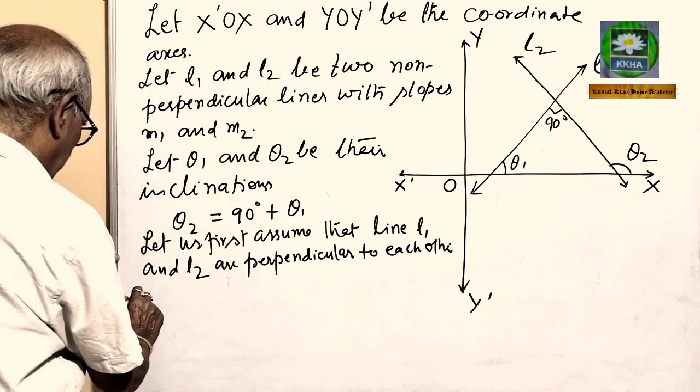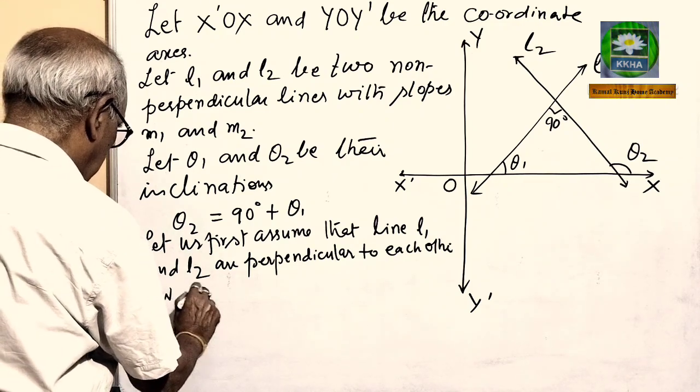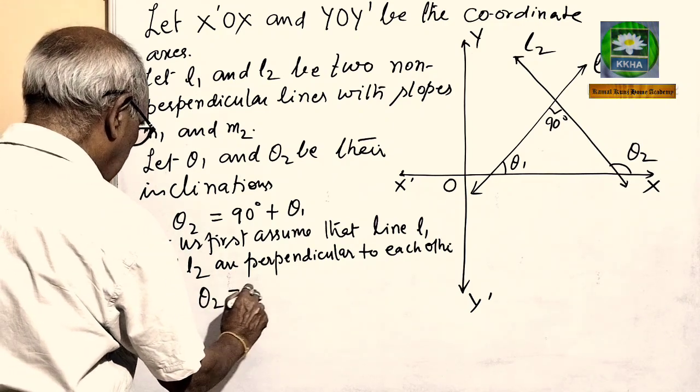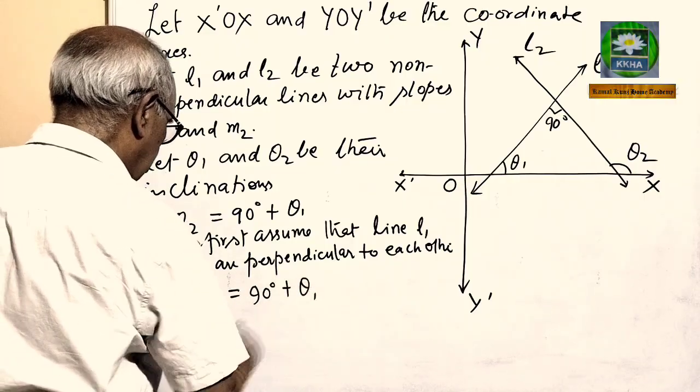So now, theta 2 is equal to 90 degrees plus theta 1.